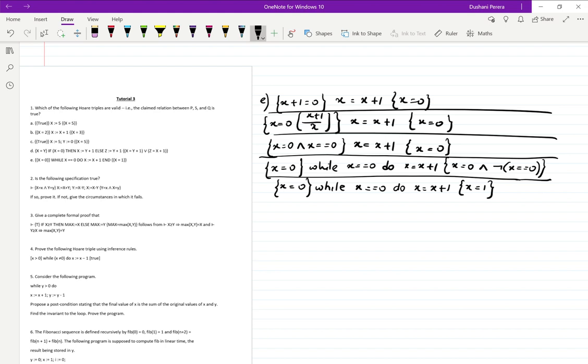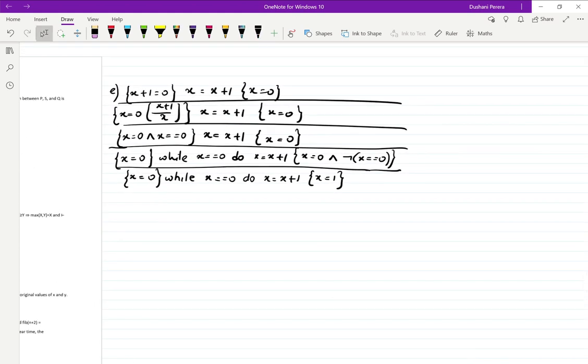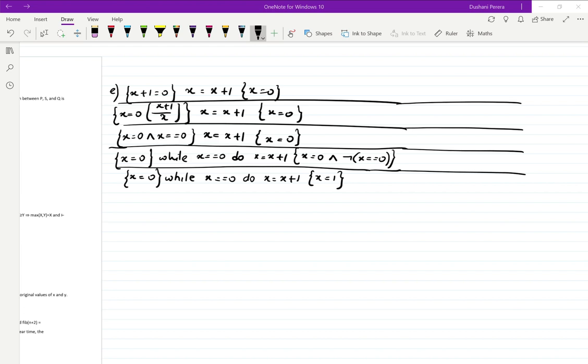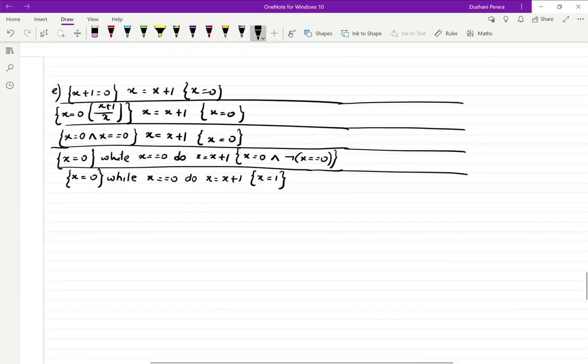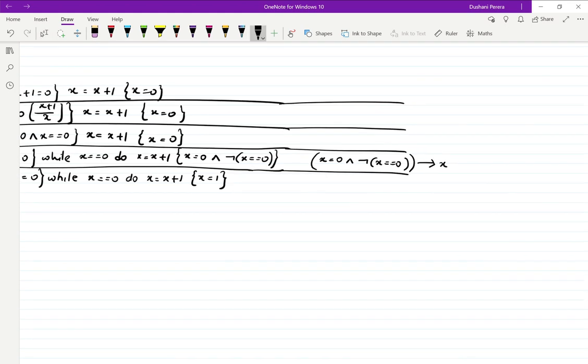So this is valid. We have used the rule for while and assignment here, and also we have performed precondition strengthening and post-condition weakening here. So let's add those as well. We have x equals 0 and not 0, so we have weakened this to x equals 1.